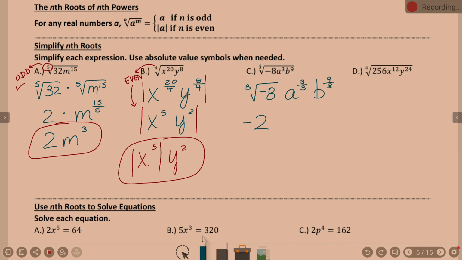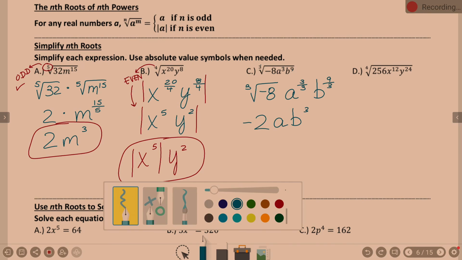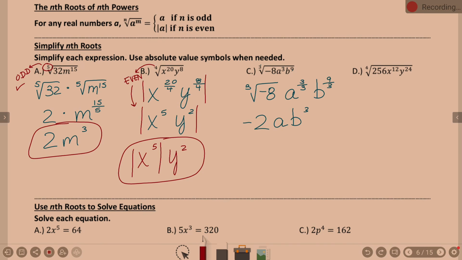A to what power? A to the first. Do I have to write that a to the first? No. B to the third. Okay. Do I need absolute value? No, because this was an odd root. If it's an odd root, we're allowed to have negatives. We have a negative. It's fine. Okay?